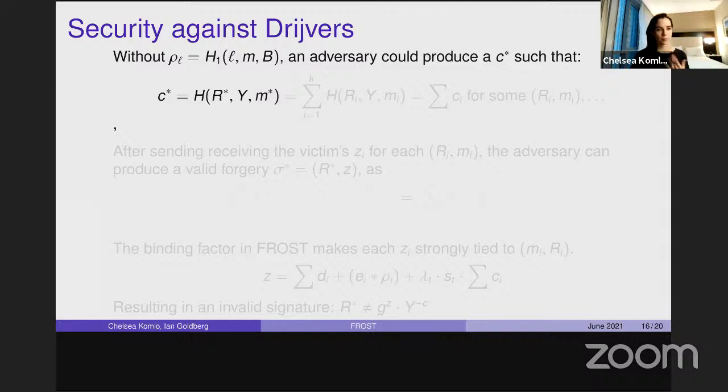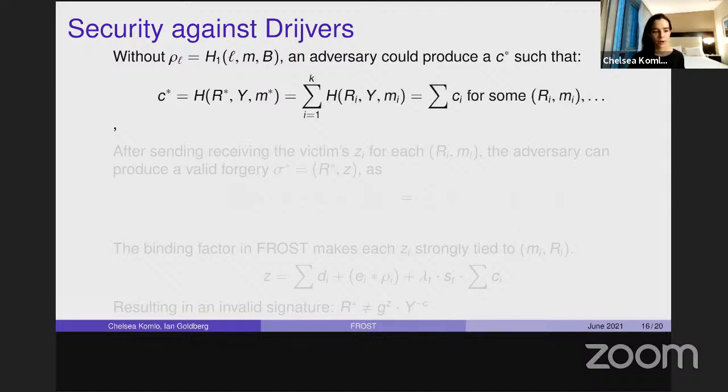So as I talked about, FROST does provide security against this attack called the Drijvers attack. And I'm going to go through this pretty quickly, but just to give you some intuition, without this binding term rho, which is the hash of the participant identifier, the message, and that B term, essentially an adversary could produce some challenge c*, which is the output of a hash of some commitment R*, Y, and m*, that is a forgery from the adversary.